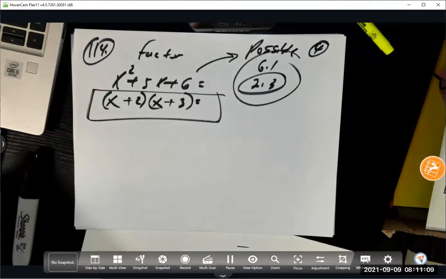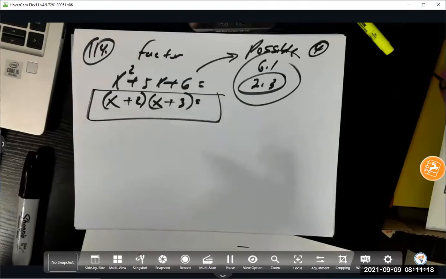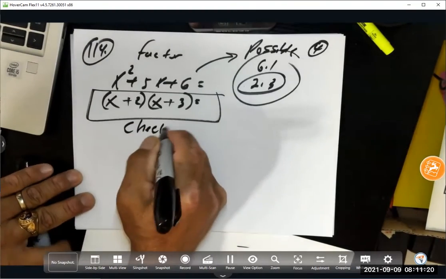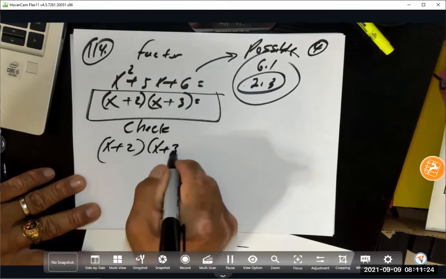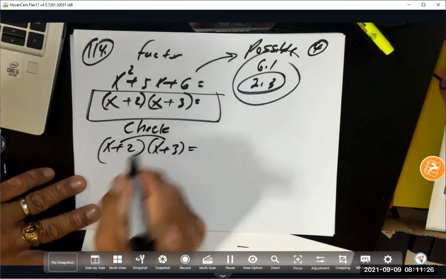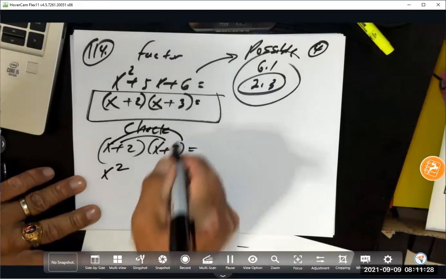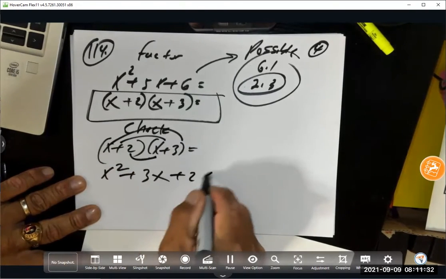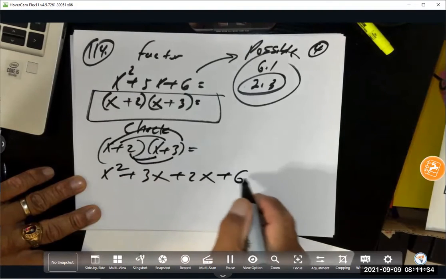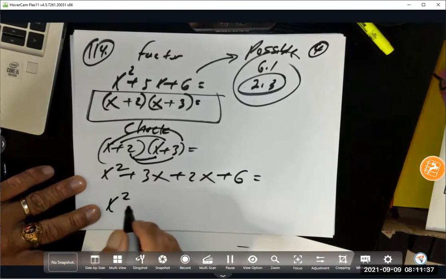I'm saying the thing in this box is the correct answer. Now, how do I know it works? Can I just check it, make sure it doesn't mess up? Let's check it. x plus 2 times x plus 3. x times x is x squared. x times 3 is 3x. 2 times x is 2x. And 2 times 3 is 6. Now add this together with your calculator.